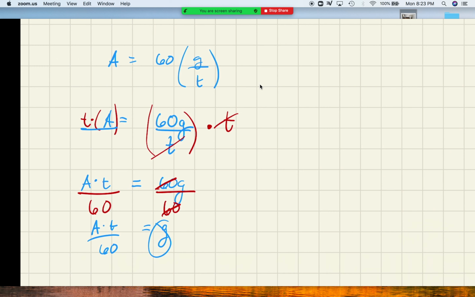Because we're solving for g. So in this case, the thing farthest away was the t, so you do the opposite. It was divide by t, so you multiply by t to both sides. And then the next thing farthest away from the g, which is the only other thing, is the 60, and it's 60 times g, so you divide by 60, and then you get that.